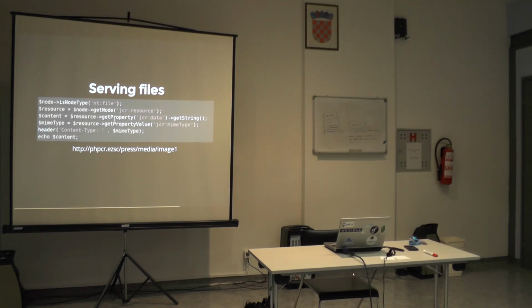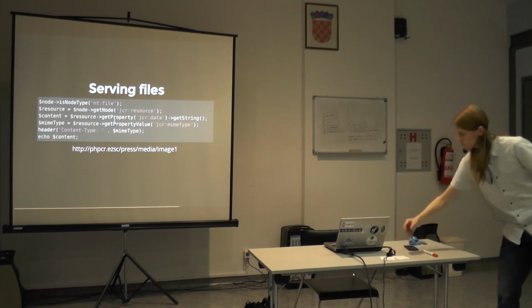Part of the node type nt:file is that it should have a child nt:resource. So we can just get the child node jcr:content, not nt:resource, jcr:content. And that defines the resource of the file itself. So it has data, that's binary data.